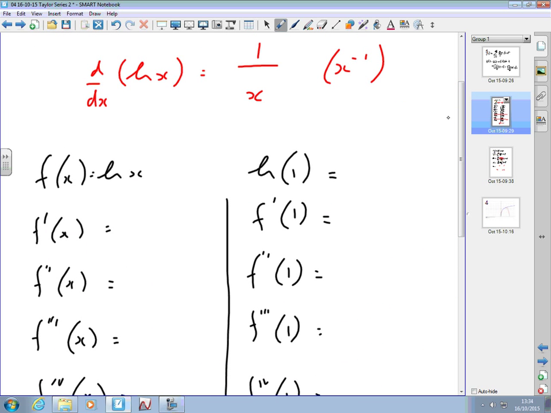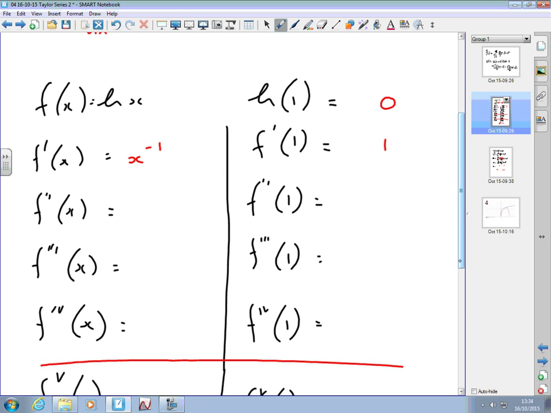Okay, so the function is log x, log of 1 is 0. The first differential is 1 over x, or x to the minus 1. The first derivative at 1, when x is 1, is just 1.